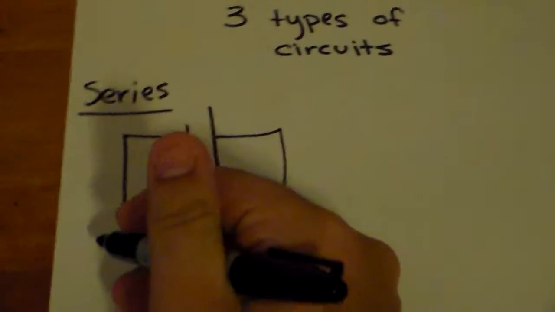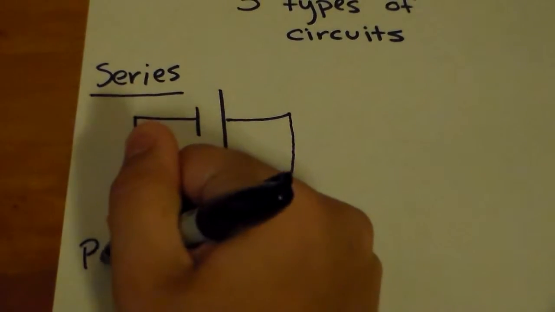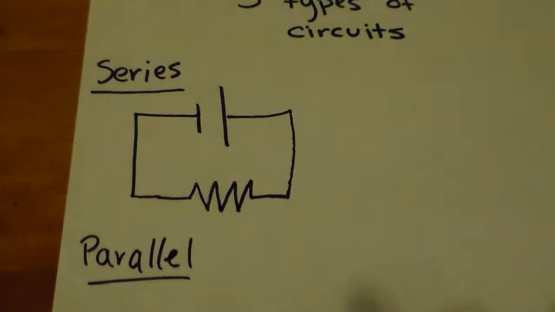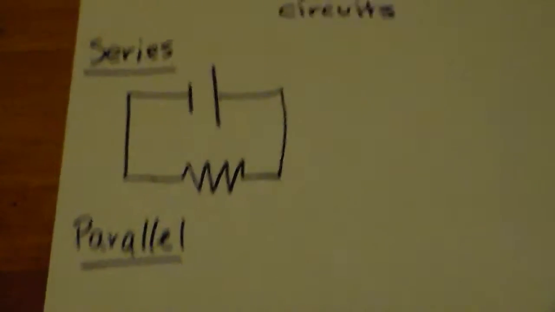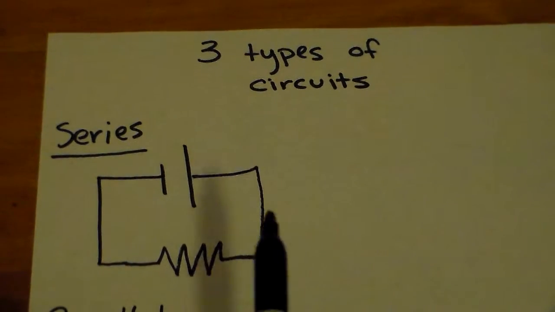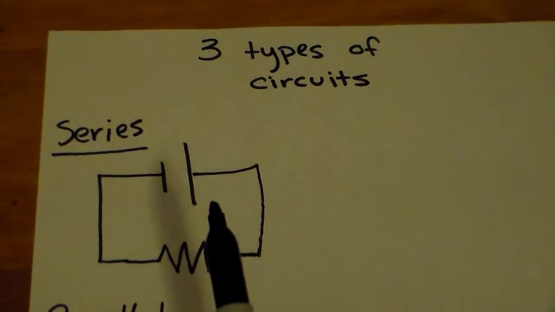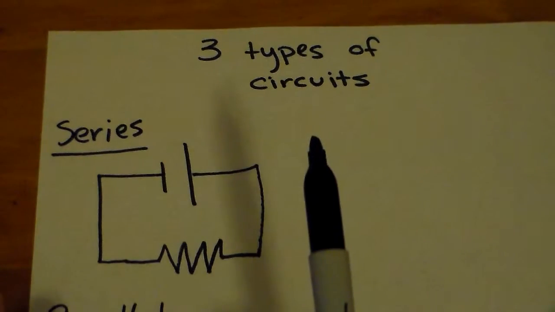Parallel, though, is what you would most likely see in homes, businesses, and all that stuff. But before we go on, in a series circuit, if the power source happened to go out, everything would go out.